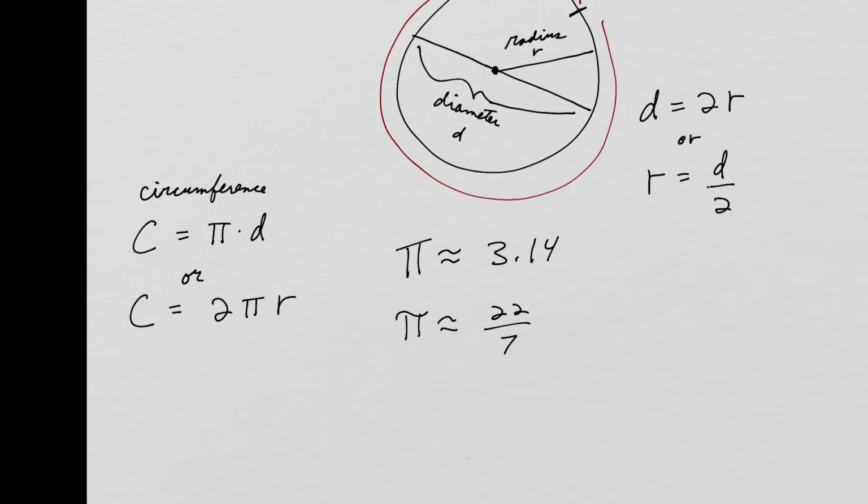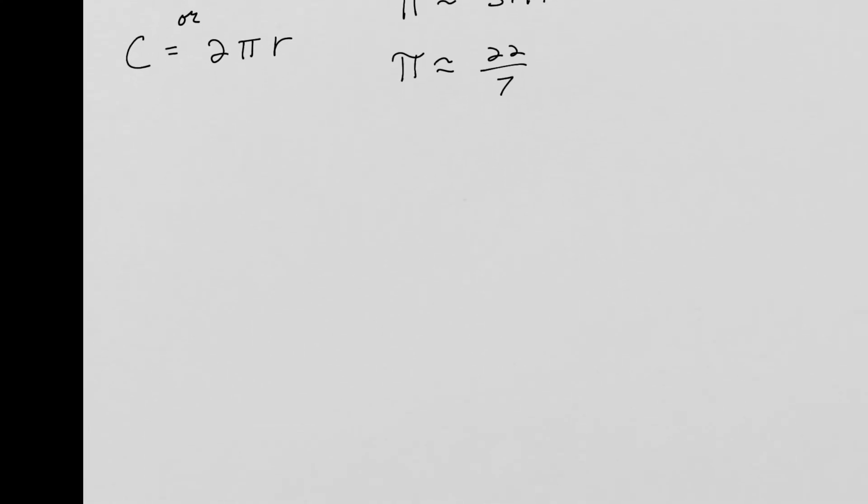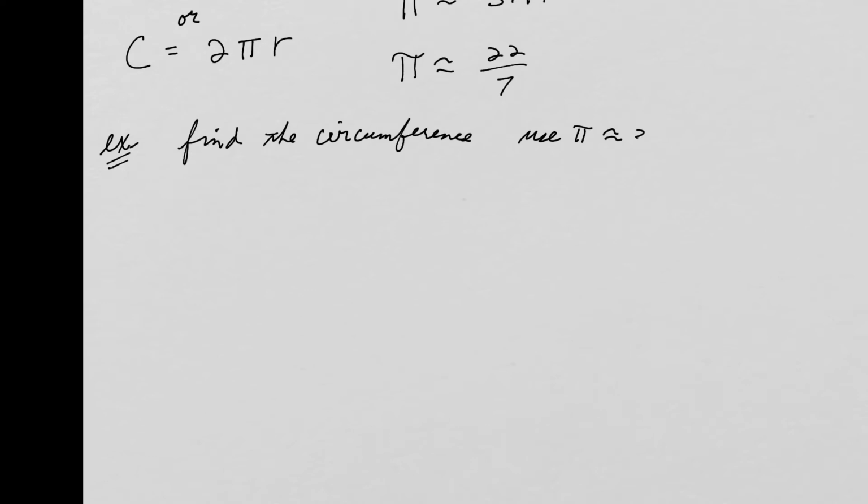Okay, so for example, let's say I want to find the circumference. In this case, I want to use pi is approximately equal to 3.14. Here's my circle, and let's say it has a radius of 3.